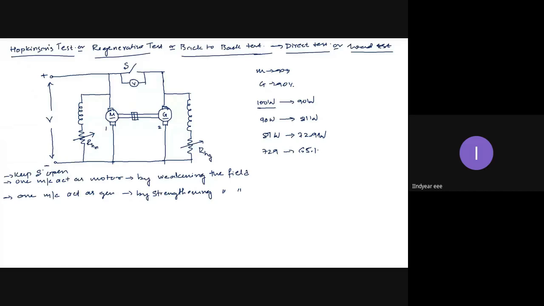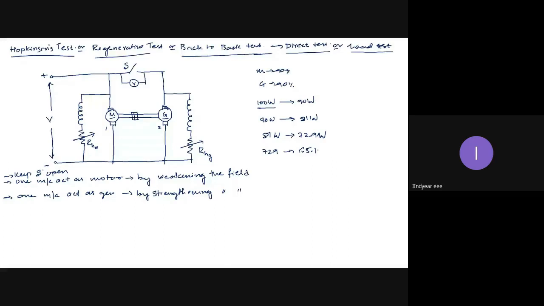Then what is the function of the supply, the supply voltage or the supply terminal? Whatever power is required by the motor to generate the output is given by the generator. Whatever power is required by the generator to generate the output is given by the motor. Then who will supply the losses? The losses are supplied by the external power supply.